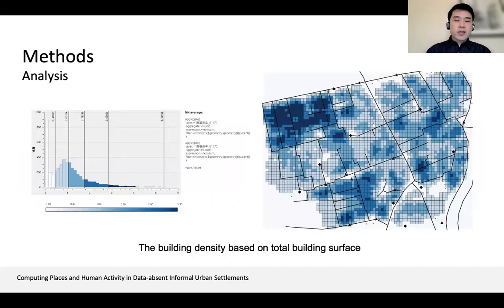One example to show you is how we calculate and conduct spatial statistics of the building density based on the total building surface. This gave us a very direct understanding of the density of the built environment and where most people are currently living, considering this place is mostly a residential area.